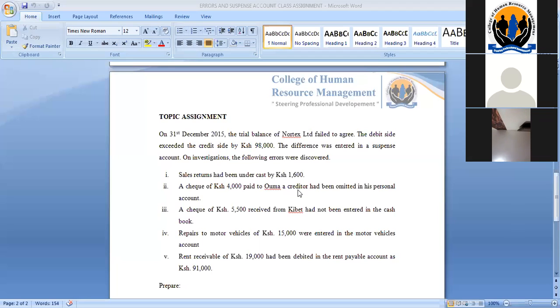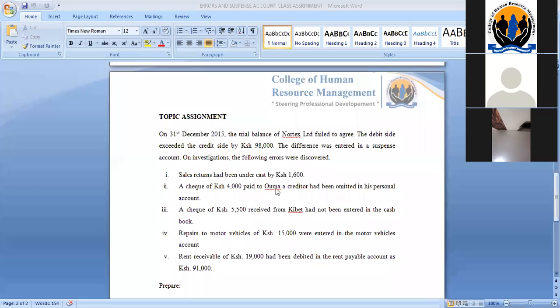At the point of purchasing, when we create this creditor, we normally credit their account. When we are buying goods from them on credit, we credit the creditor's account. But when we are paying them, we normally debit their account because we are reducing the debt that we had credited.